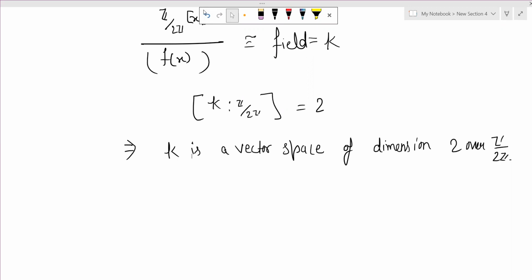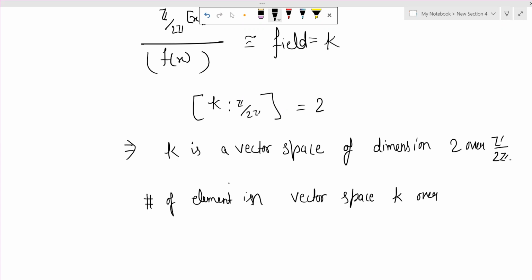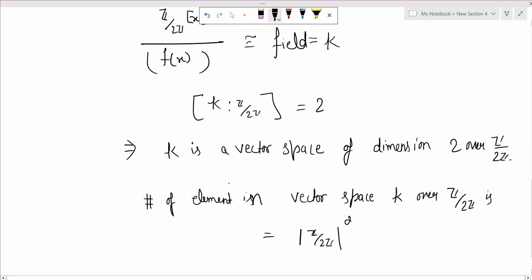So the number of elements in the vector space K over Z mod 2Z is equal to the cardinality of Z mod 2Z to the power the dimension of K, which is 2 to the power 2, which is 4.